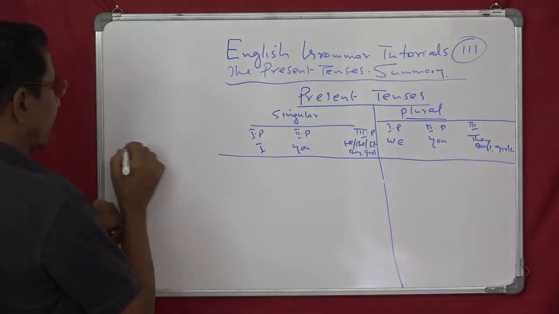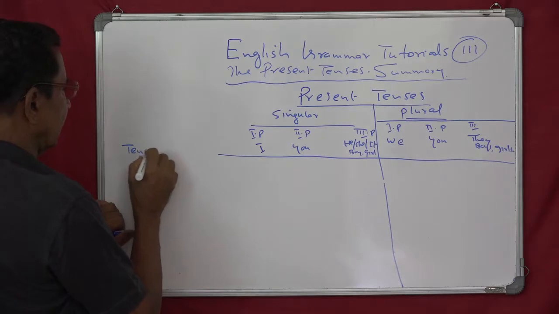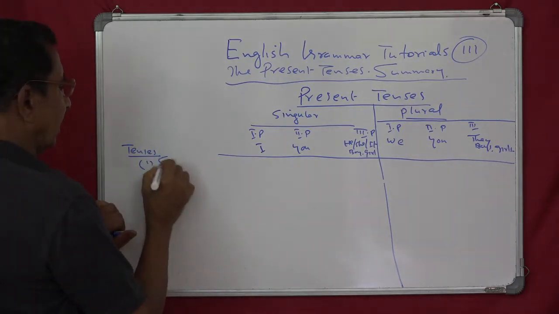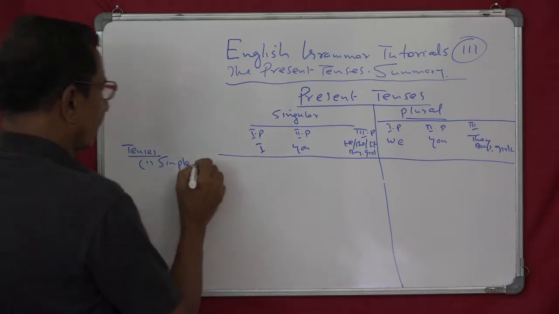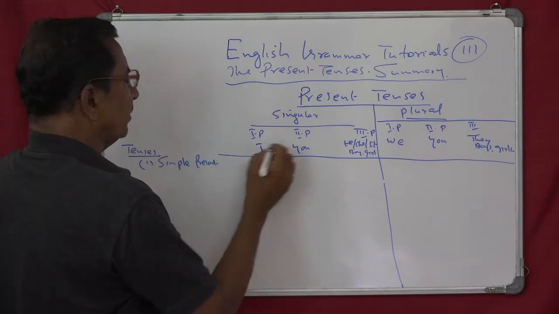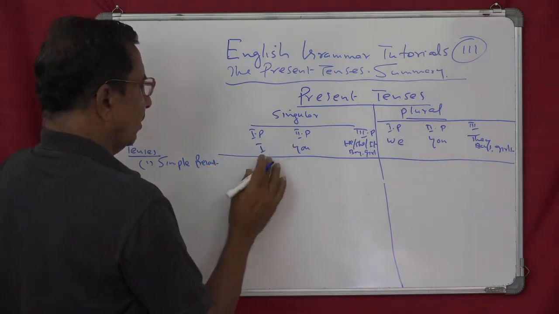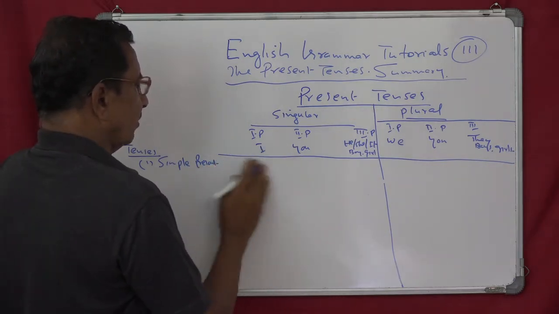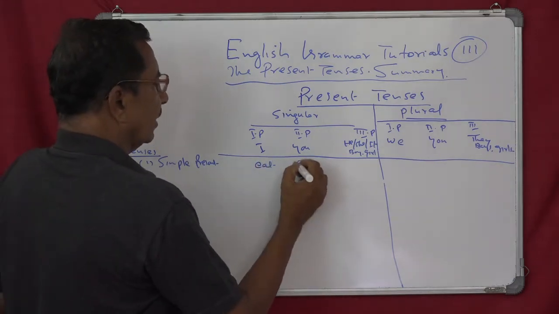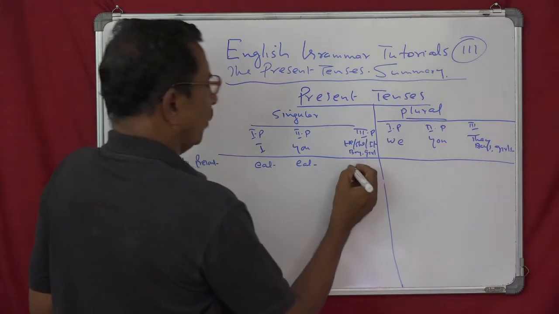Now here we will start the names of tenses. The first one you know, simple present. And you know its forms, eat. Here you have 2 forms.